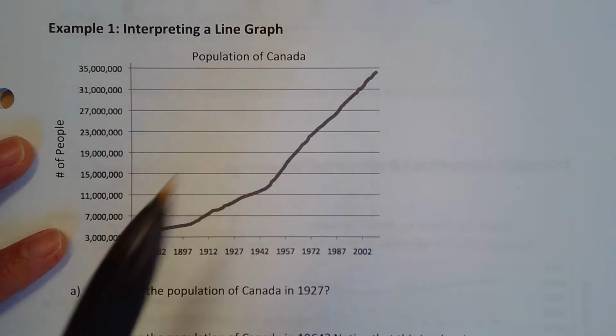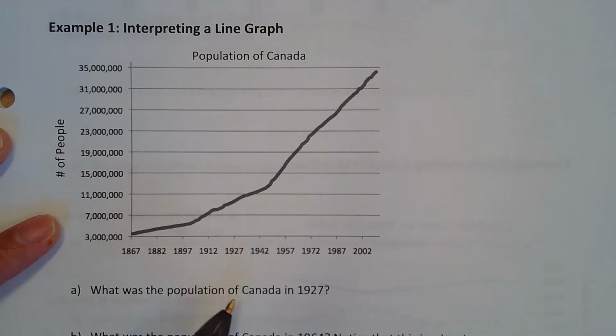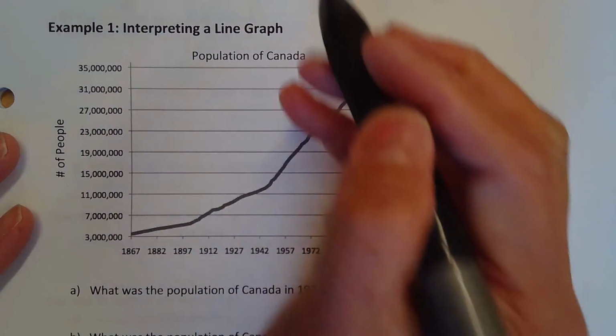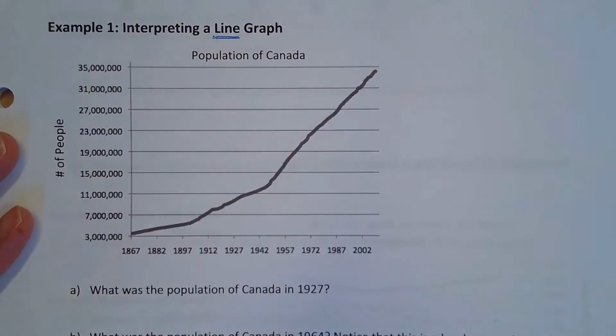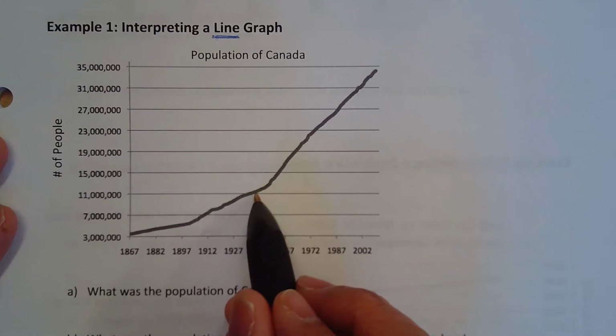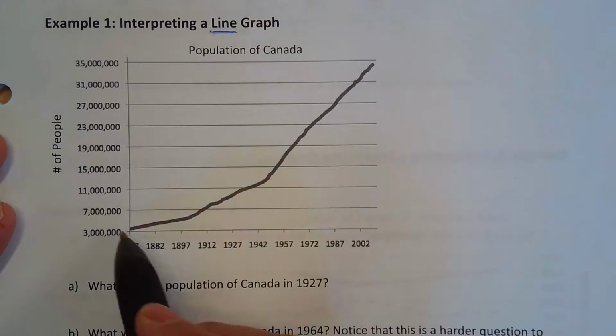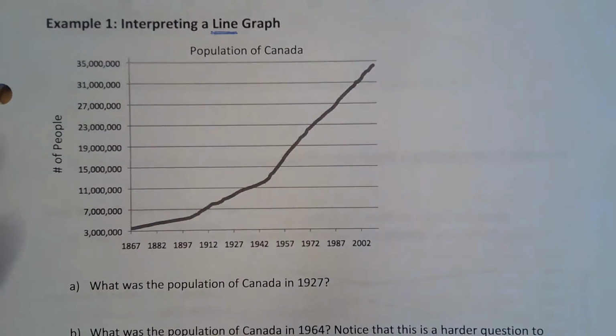Interpreting a line graph. So, the first graph that we're going to talk about is a line graph. Okay, why do you call it a line graph? Because there's a whole bunch of lines in here, right? That's a line. It's not a straight line, but it's kind of crooked depending on what the information is.